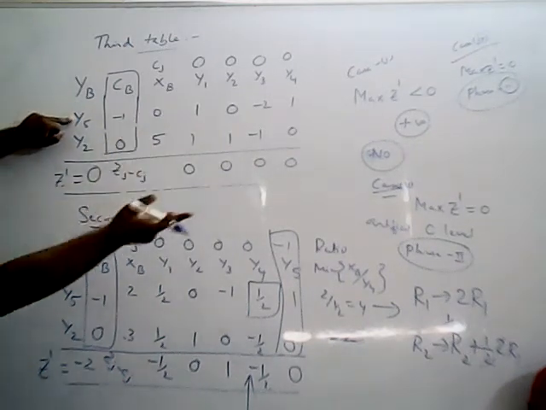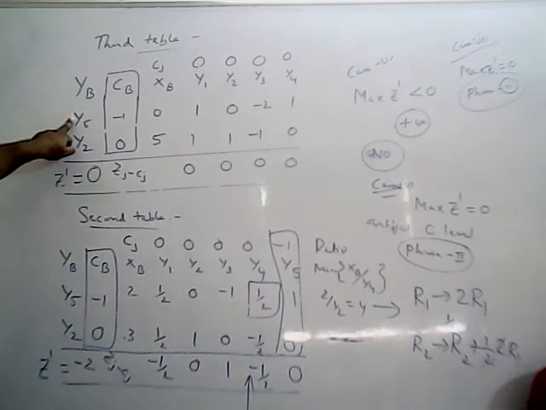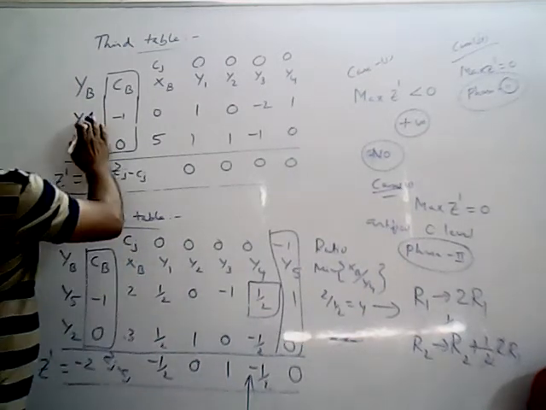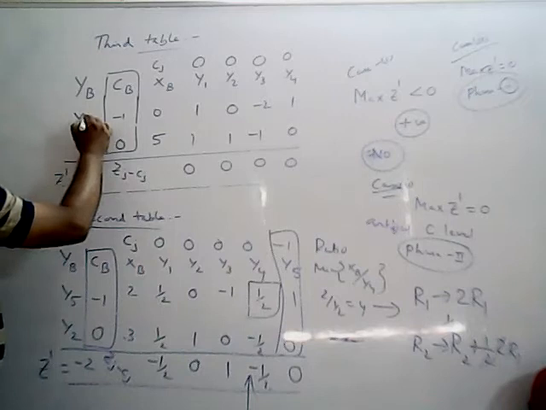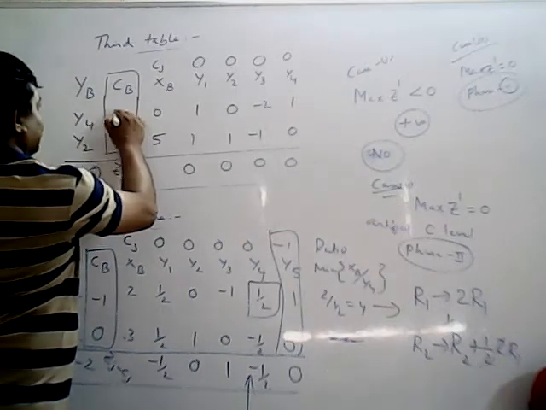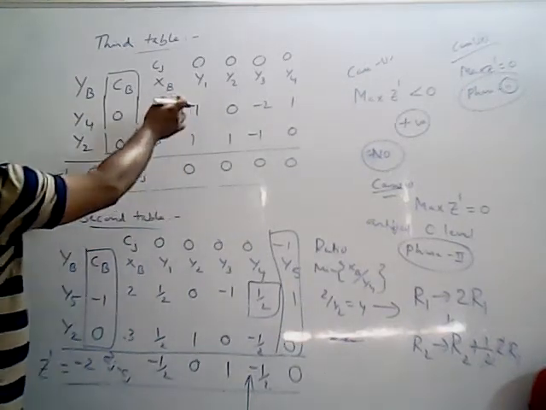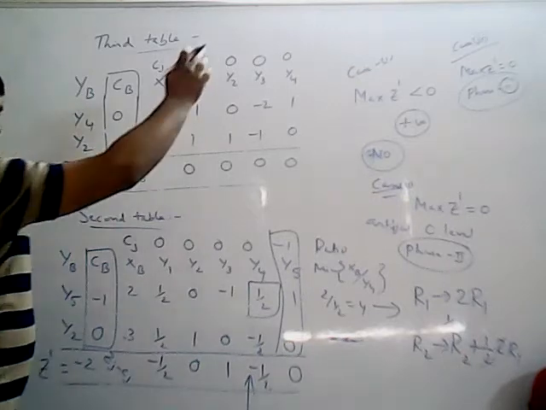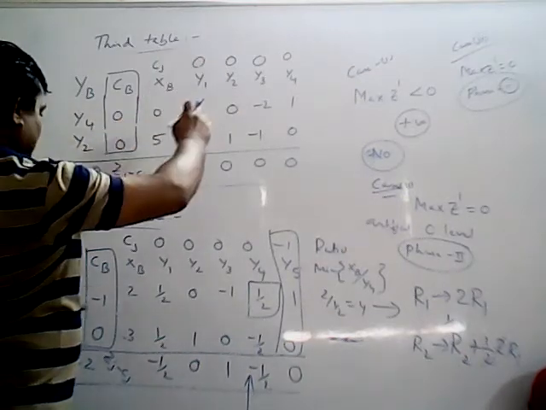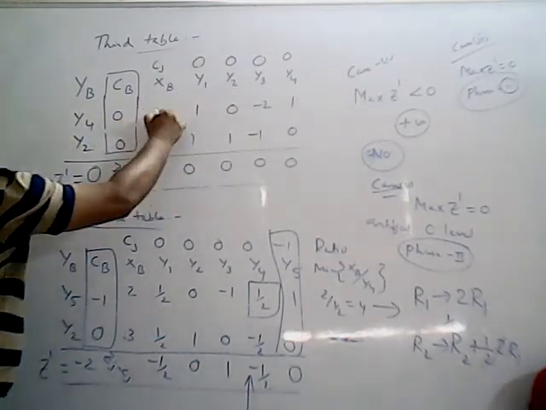Here you will get 0. Then also you have to go to phase 2. But in this case it will be no problem. This is I think y4. This value is 0. What is this value? 2R1 means this value is 4.